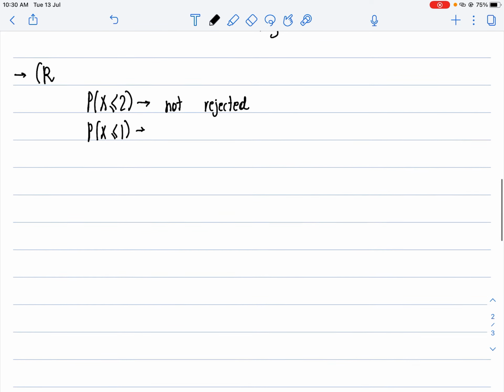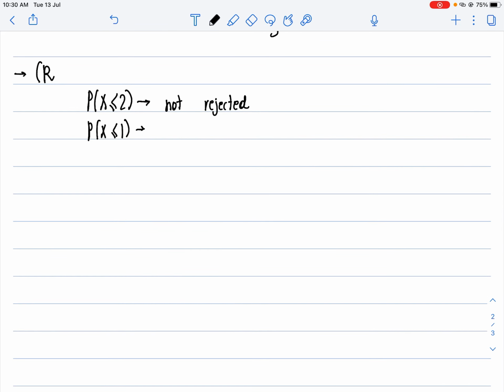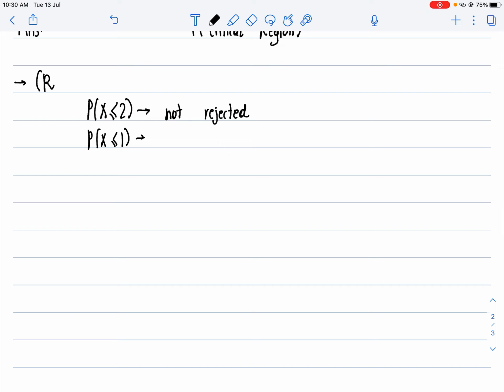Now I'll write the steps because writing the steps is important. So I write 30C0 multiplied by 1 over 6 raised to 0 multiplied by 5 over 6 raised to 30 minus 0, which is 30, plus 30C1 multiplied by 1 over 6 raised to 1 multiplied by 5 over 6 raised to 30 minus 1, which is 29.